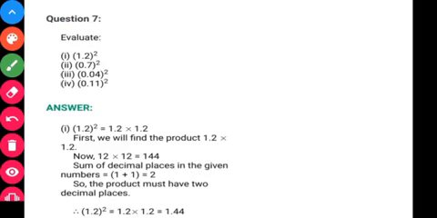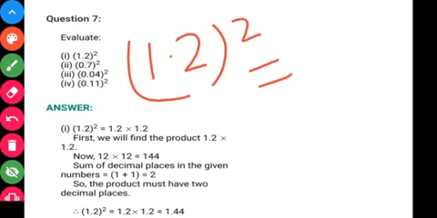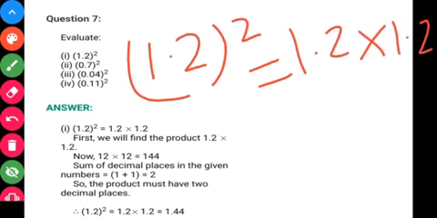Question number 7. It is given 1.2 whole square. You know what is the meaning of square? 1.2 whole square means 1.2 multiplied by itself 2 times. That means 1.2 into 1.2. So this is a product of decimals. For the product of decimals you will multiply like a whole number.